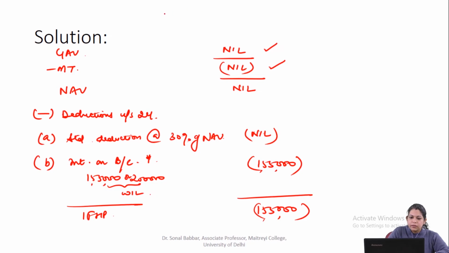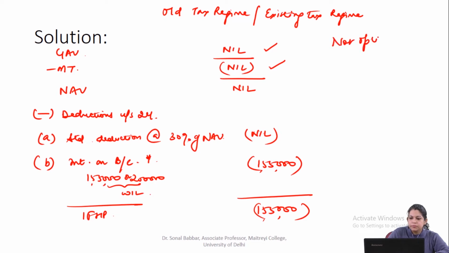This is when the assessee is opting for the old tax regime, or I would say the existing tax regime, and is not opting for the new tax regime under section 115BAC.